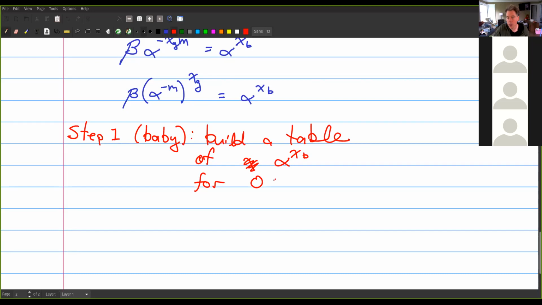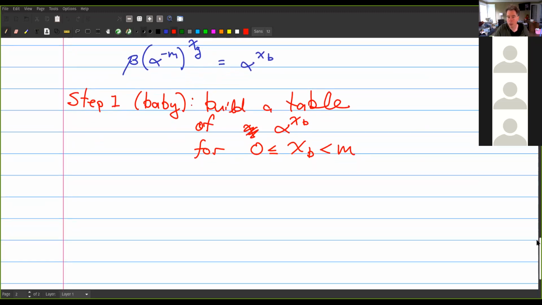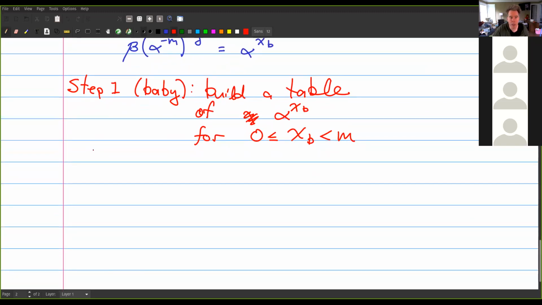So baby x can take on all of these values. This requires basically the square root of the cardinality of G in space, because you have to store the table. And it also takes that much time, because there's one step for every possible baby X. So it's the square root of the cardinality in space and time.